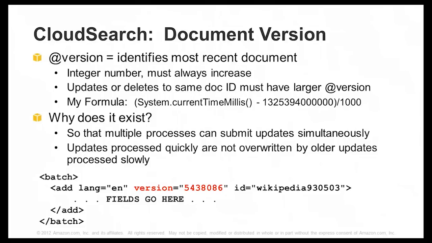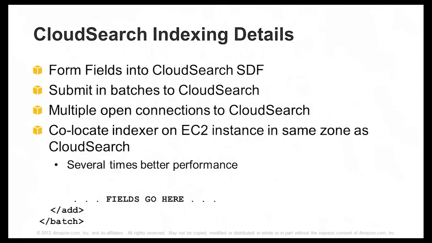We would just update everything and then do another batch update. So we just set the version number equal to the current system time at the initiation of the crawl, minus some very large number, and in seconds rather than milliseconds. That's a good general purpose formula for you to use for document version, which is used by lots of people.